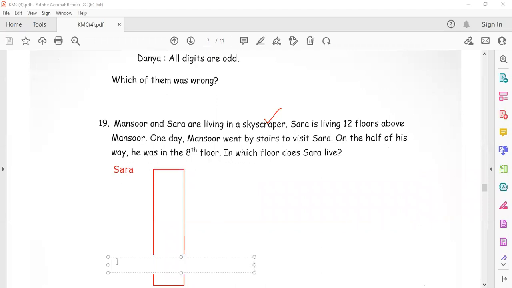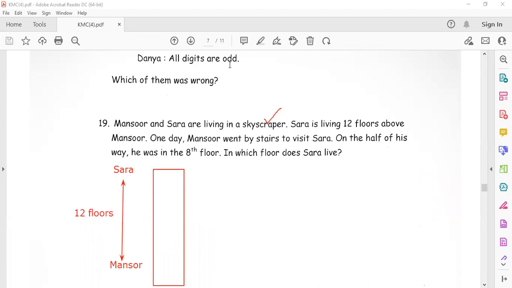Oh, we do not know whether it's really the bottom, but lower than Sarah would be Mansoor. But whatever it is, the distance between Sarah and Mansoor's apartment is 12 floors. That you must understand.